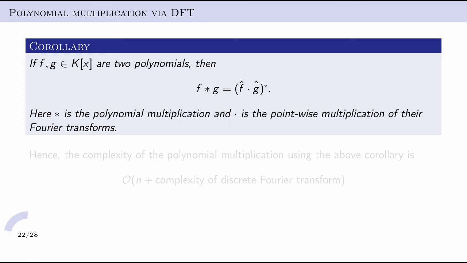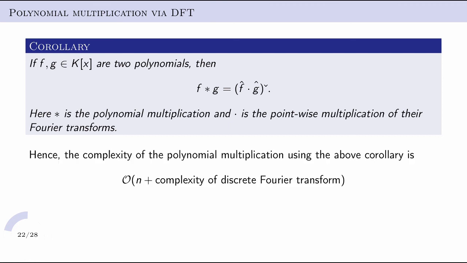Once we do it, we compute the inverse Fourier transform, and the fundamental identity says that this is the same as just multiplying the polynomials.